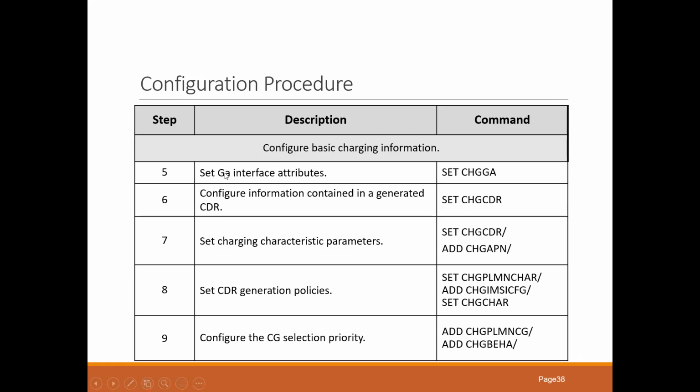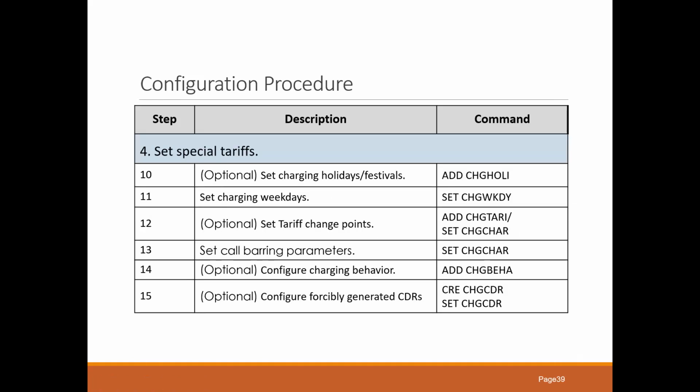You have your Ga interface attributes. You have your charging CDR attributes, and then you have different attributes for generating a CDR. And lastly, you can configure priority of a charging gateway for multiple charging gateways as well. These are some optional things that are used if you need to set different charging based on weekdays, holidays, and all that.